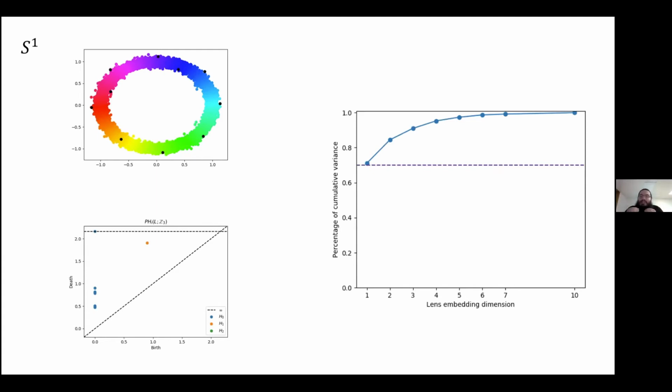What I'm showing here is basically how much information, in terms of distance, you're losing at each step of the dimensionality reduction procedure. On the right-hand side of the graph, the endpoint is 10 because I have 10 landmarks.